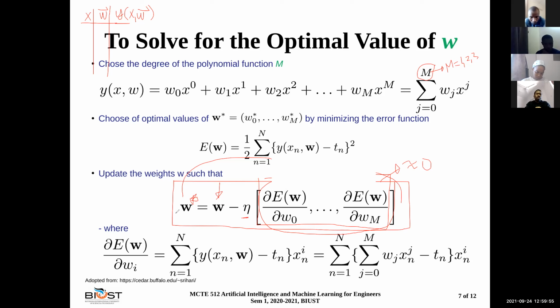Now you get a new W. Now this new W becomes the current W. Now you compute the derivative of the error term with this current W, and then you correct again, you get a new W, and so on. You continue. It is a recurrent process until your error term becomes approximately 0. So when your error term becomes approximately 0, you are at your optimal W.